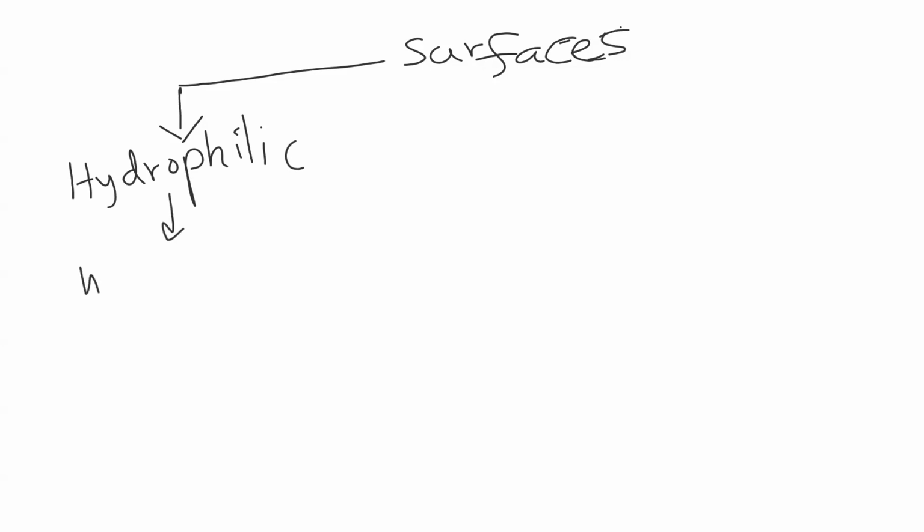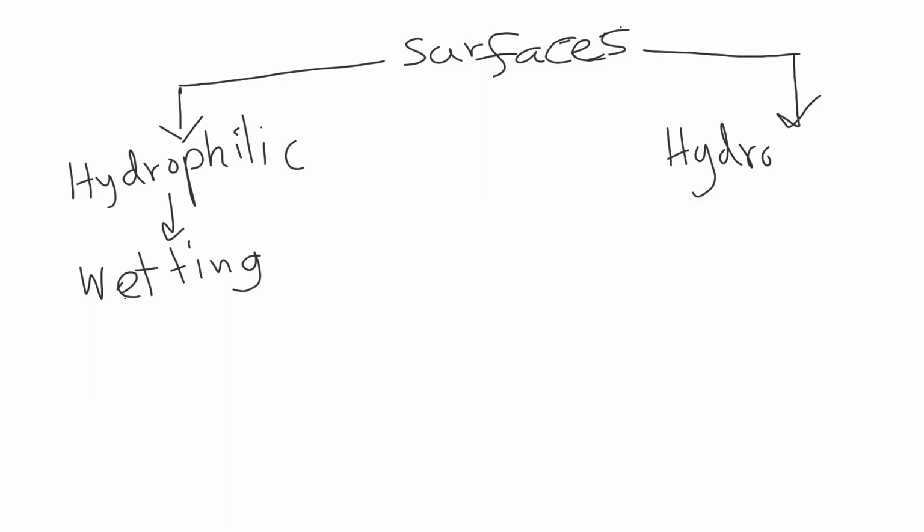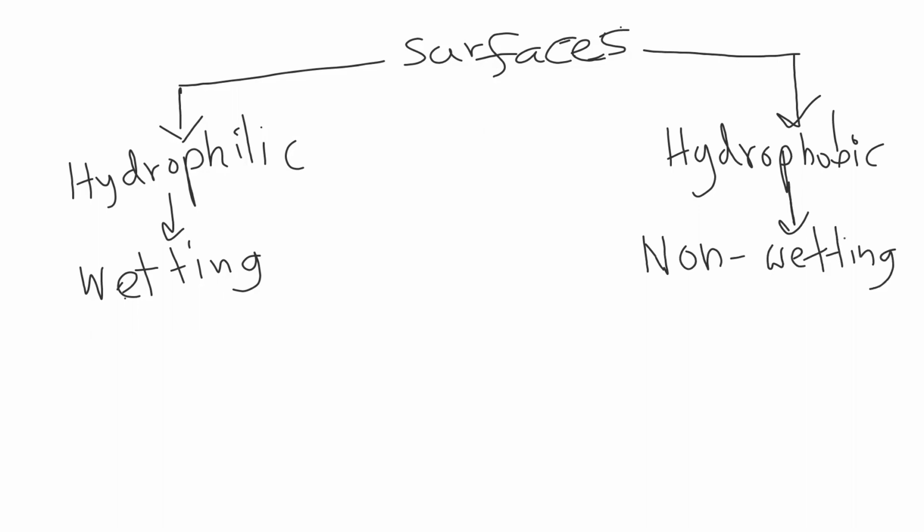The surface is wetting. Water can wet it. Sometimes we naturally see hydrophobic surfaces. If we think about water, water cannot wet the surface, non-wetting. Okay, you can take this down.